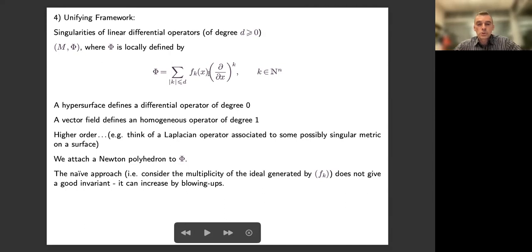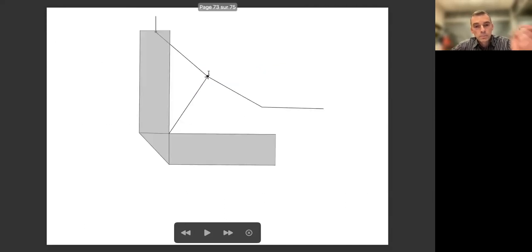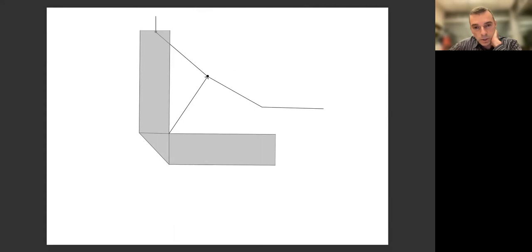You have this differential structure, which is very important to keep track of. So I've just finished with a drawing here. This is a Newton polygon of a differential operator, and the new idea is that you have to measure the distance between the origin and your polygon. This is, as I said, a measure of the complexity of your singularity.